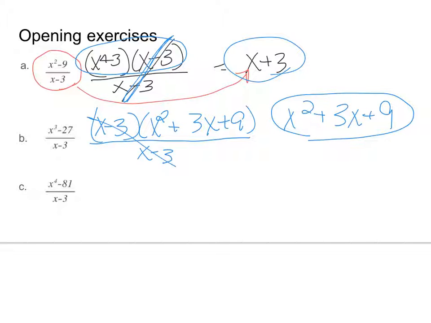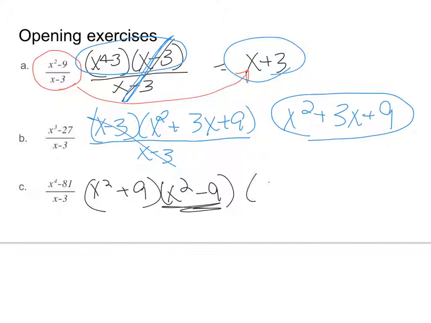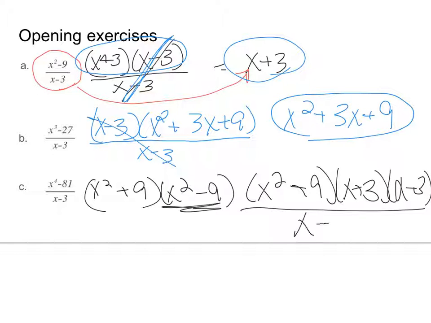And this last one is really the difference of squares twice, which is sort of funny. x squared plus 9 and x squared minus 9 on the top. But here we have the difference of two squares again. So x squared plus 9 and x plus 3, x minus 3 over x minus 3.